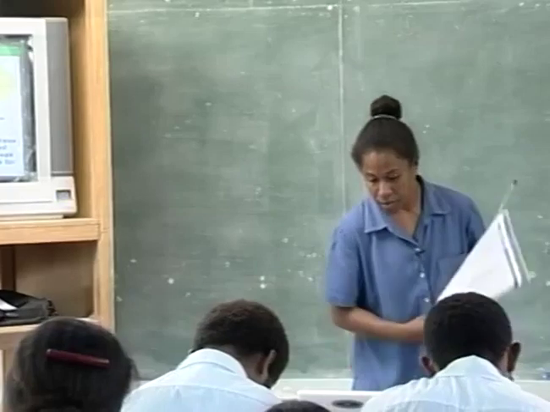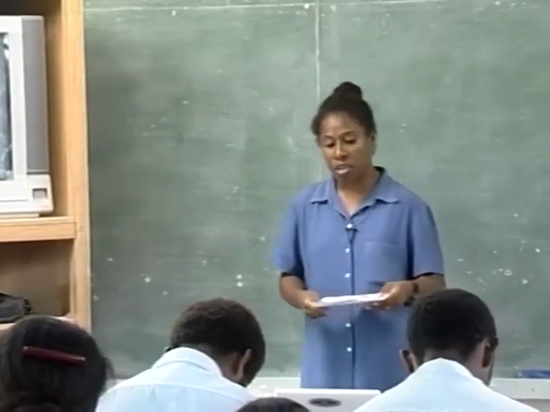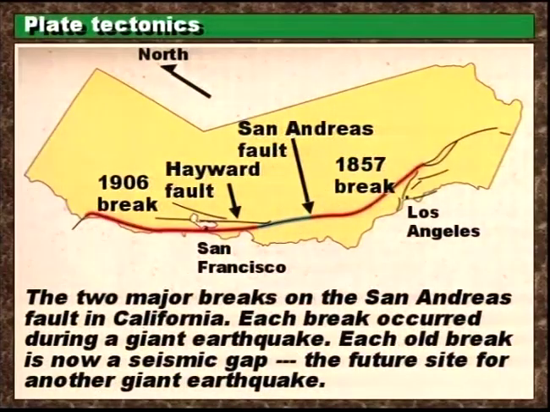Okay, we still have the same information again, but this time note that this shows the two major breaks on the San Andreas Fault in California. This is one break here, there's another break here. Each of the breaks occurred during a giant earthquake. And each old break is now a seismic gap and the future site for another, perhaps giant, earthquake.